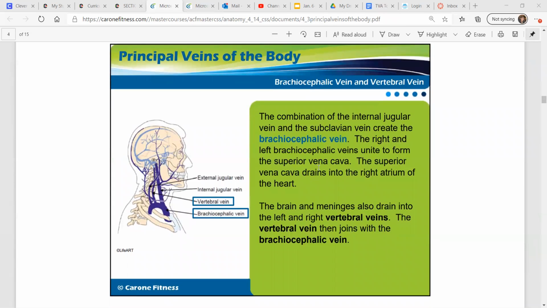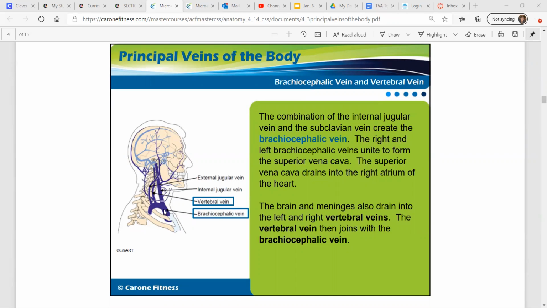The combination of internal jugular vein and the subclavian vein create the brachiocephalic vein, seen here. The right and left brachiocephalic veins unite to form the superior vena cava, and the superior vena cava drains into the right atrium of the heart.